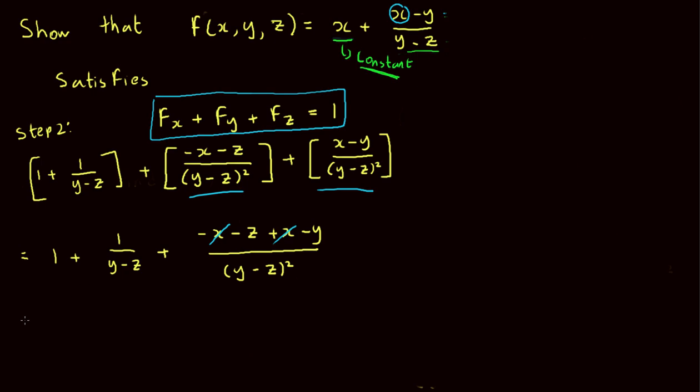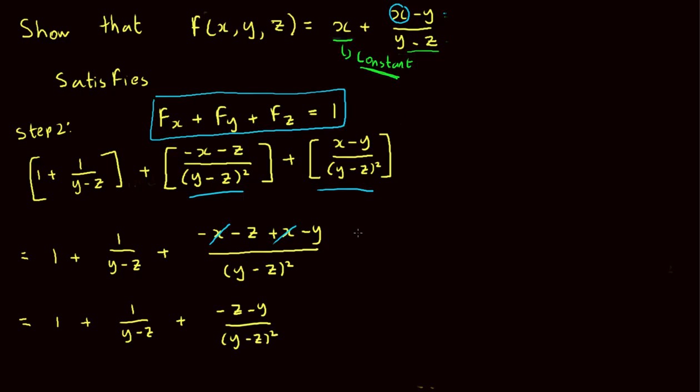So we end up getting 1 plus 1 over (y minus z) plus (negative z minus negative y) over (y minus z) squared.